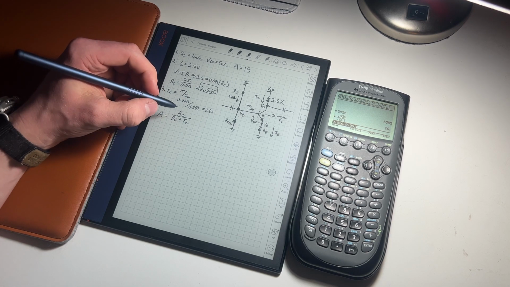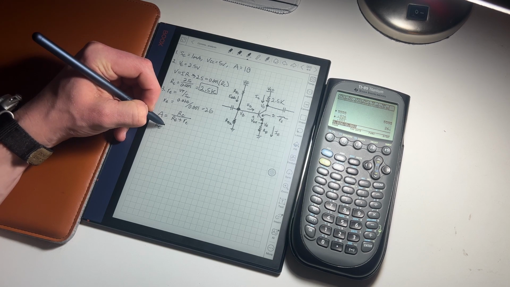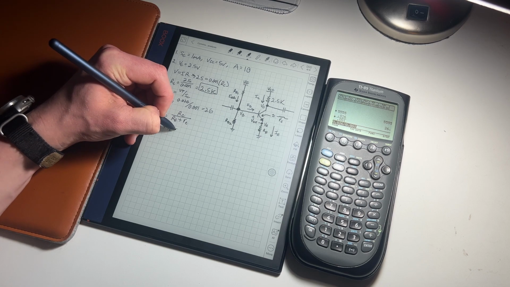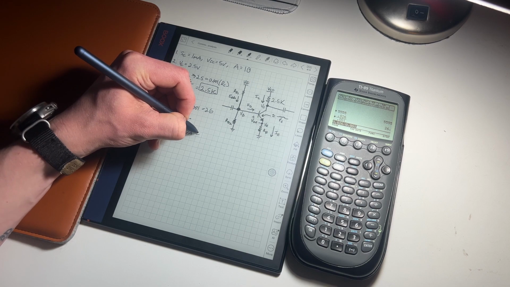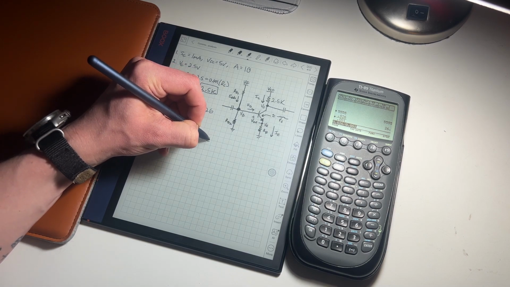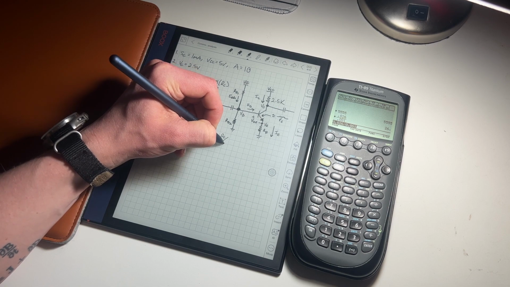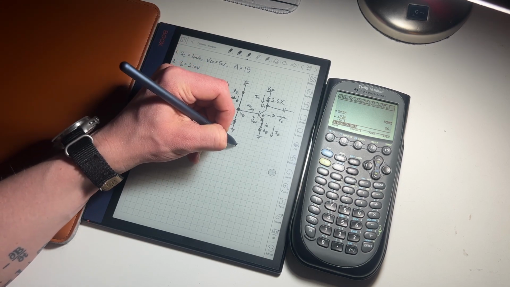To do that, I'm going to move this over. So big RE plus little r sub e equals RC over A. So big RE equals RC divided by A, which is our gain, minus little r sub e.